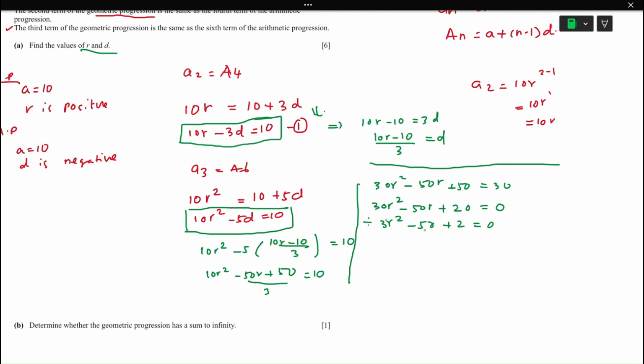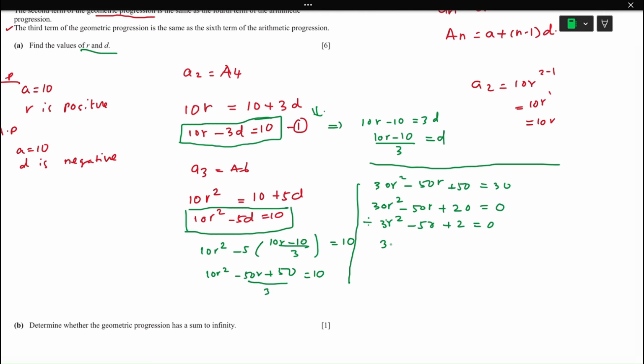Now multiply to 6, addition to negative 5, which is negative 3 and negative 2.